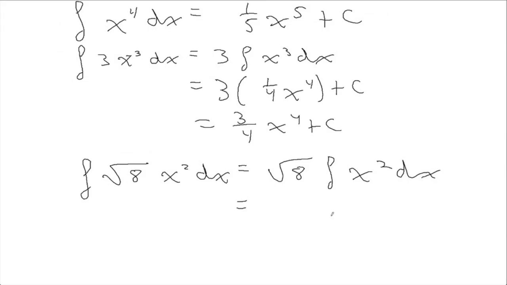And then what? What would I do now? What should we write down here? Square root of 8 times 1/3 x cubed plus c. Now you can just apply the power rule to what's left inside.